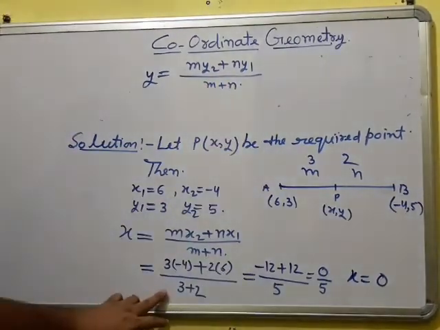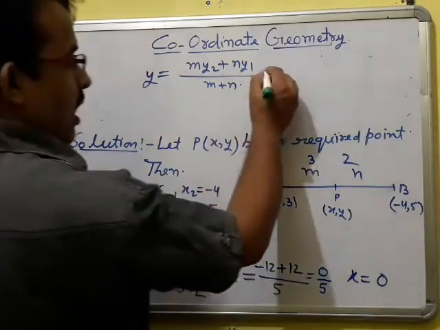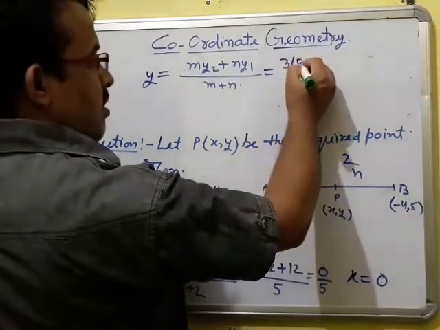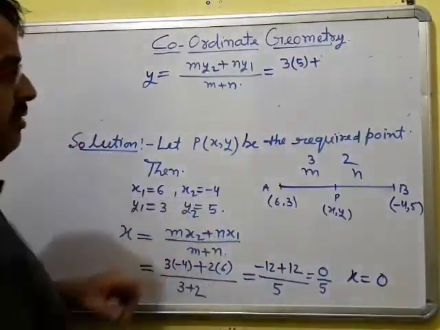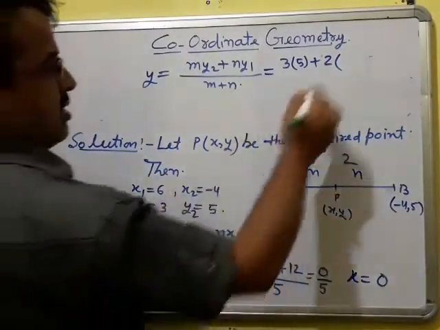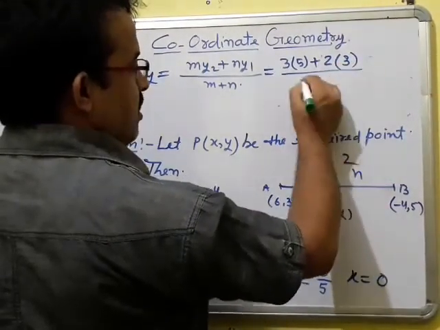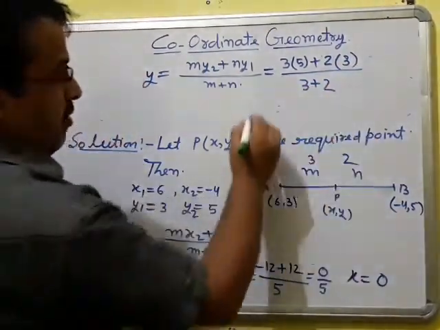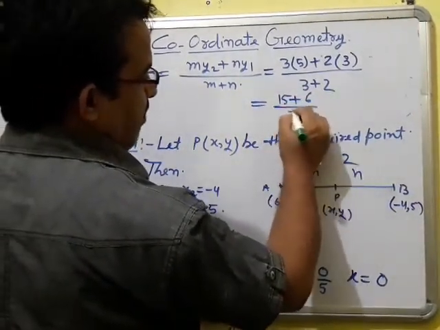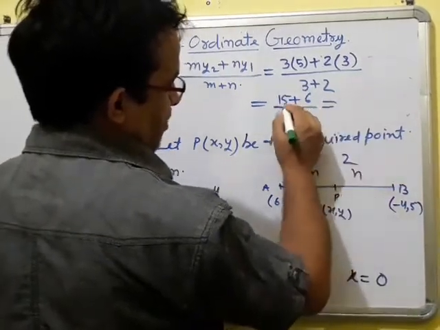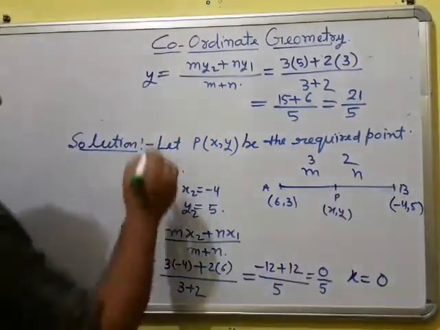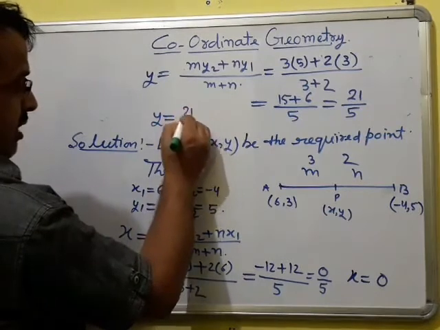Now these things are given. m is given as 3, y2 is given as 5, n is given as 2, and y1 is given as 3, over 3 plus 2. Now we find this one is (15 plus 6) by 5. We get 15 plus 6, which is 21 by 5. So the y coordinate here is 21 by 5.